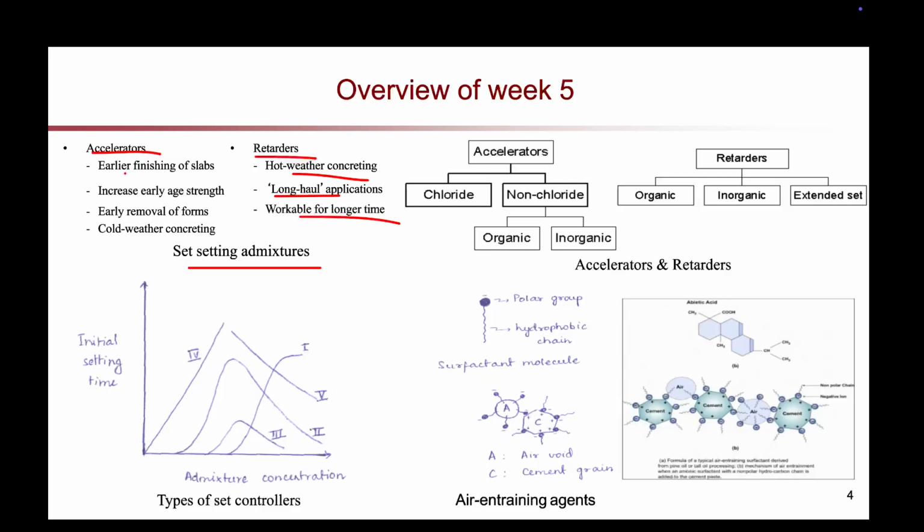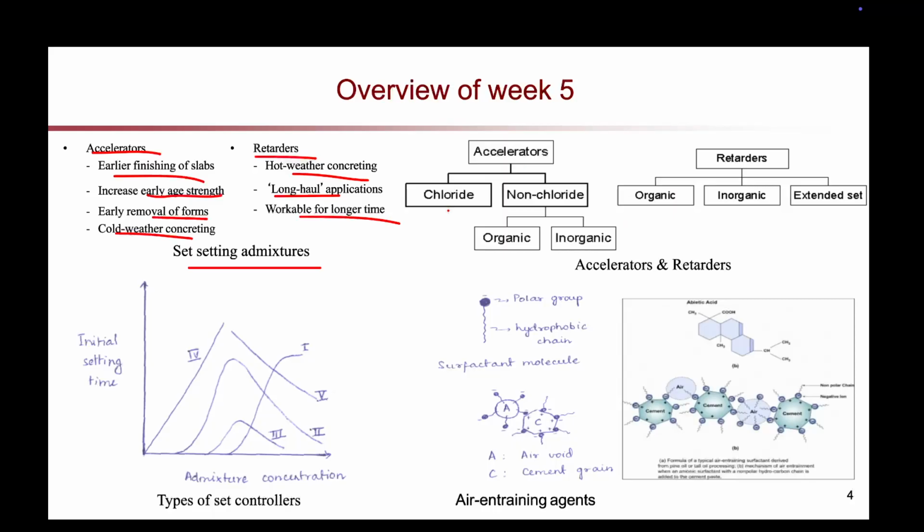And accelerators, what are the advantages? Earlier finishing on slab, early edge strength, early removal of formwork, and mainly cold weather concreting. If we divide accelerators and retarders, accelerators are mainly two types: chlorides and non-chlorides. Further, non-chlorides are organic and inorganic, and retarders are three types: organic, inorganic, and extended set.